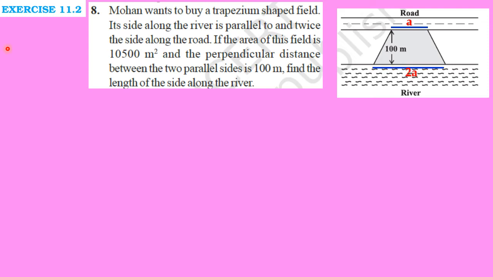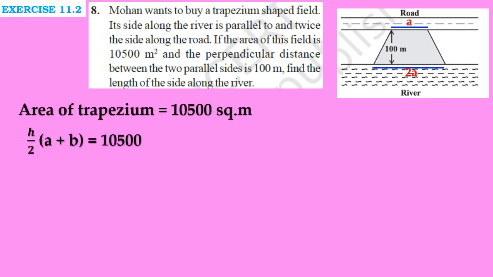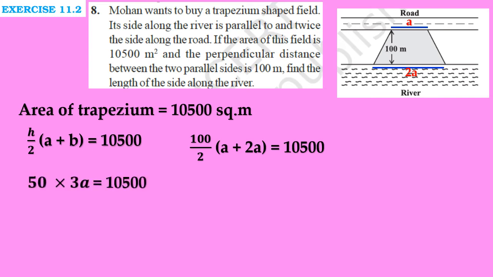So what will be the side along the river? It will be 2A. So now height given, area of the field given. Let us substitute these values and solve for A. So A plus, instead of B, we will put 2A. A plus 2A is 3A. So 50 into 3A equal to 10,500.